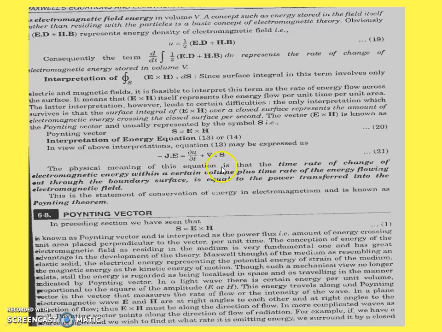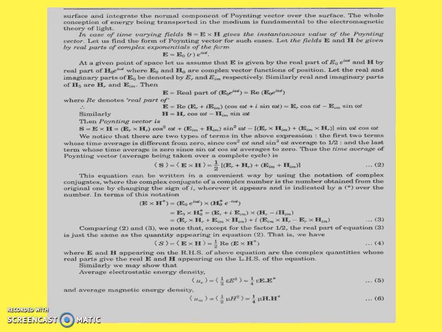The physical meaning of this theorem is that the time rate of change of electromagnetic energy within a certain volume, plus the rate of energy flowing through the boundary surface, is equal to the power transferred into the electromagnetic field. And this is the Poynting vector defined over here, S equals E cross H, the cross product of the electric field and magnetic field.